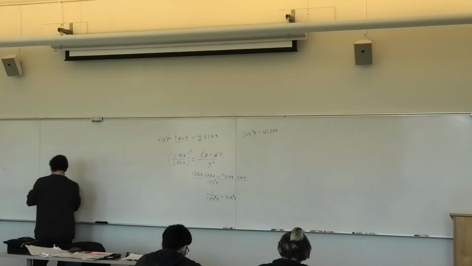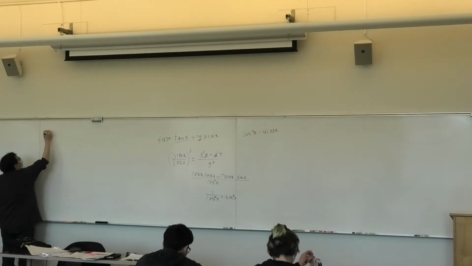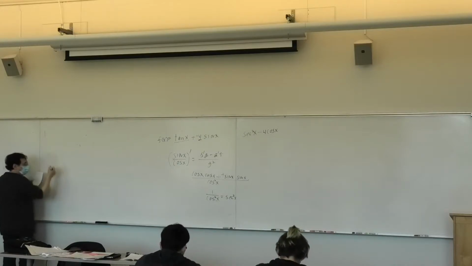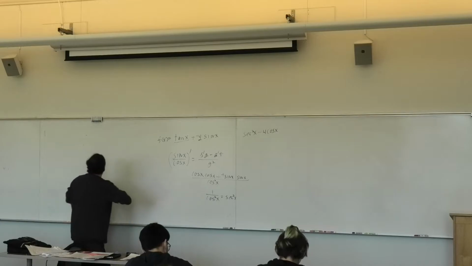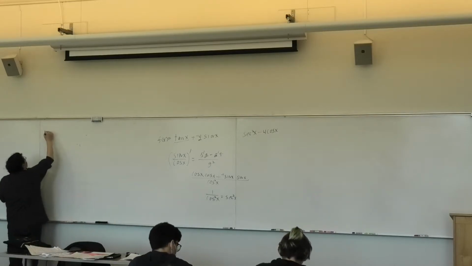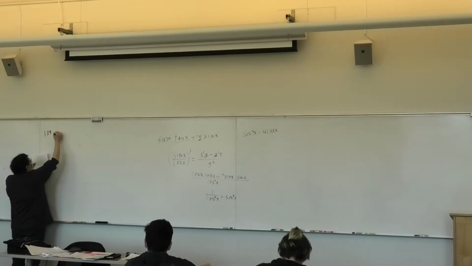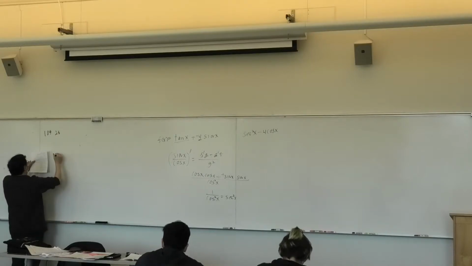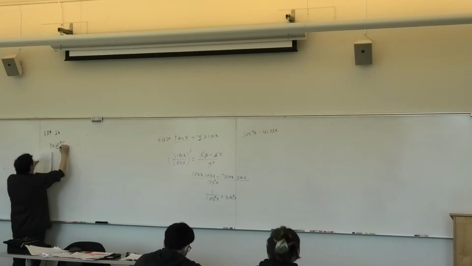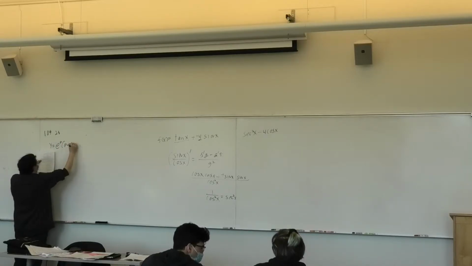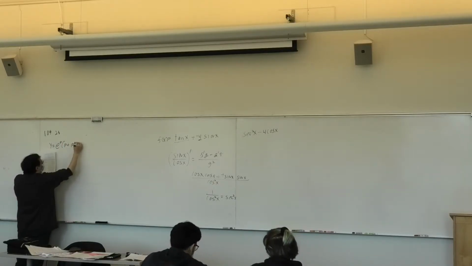This is 189. y equals e to the p plus p square root of p.